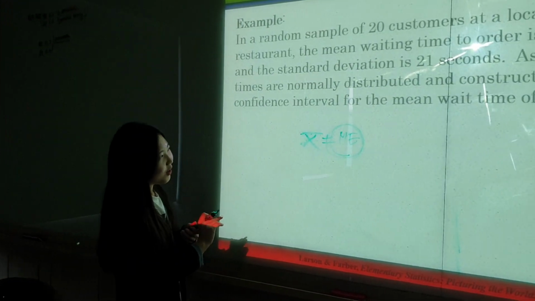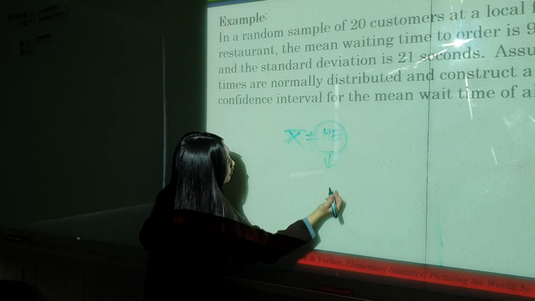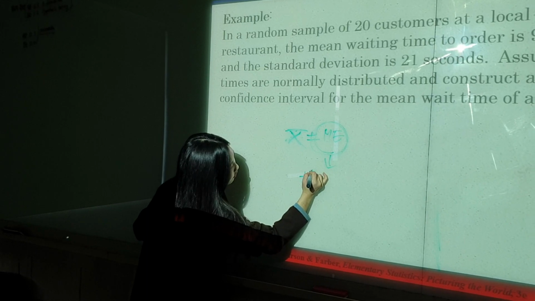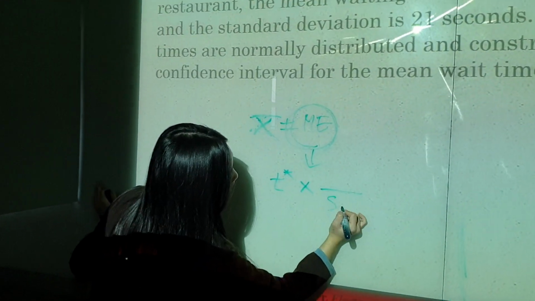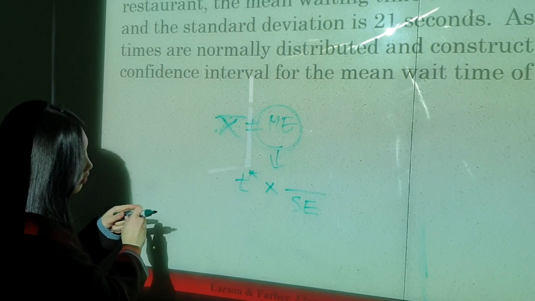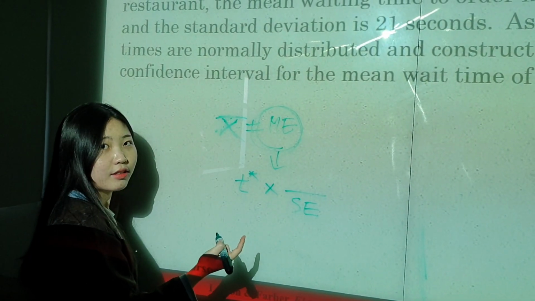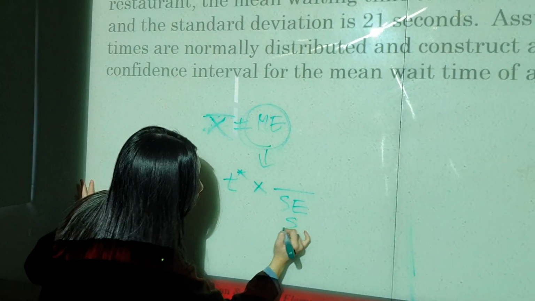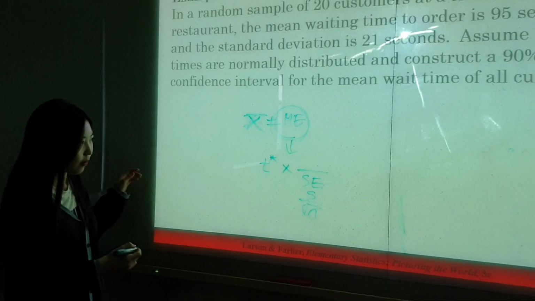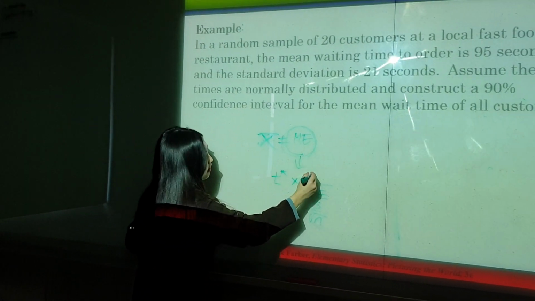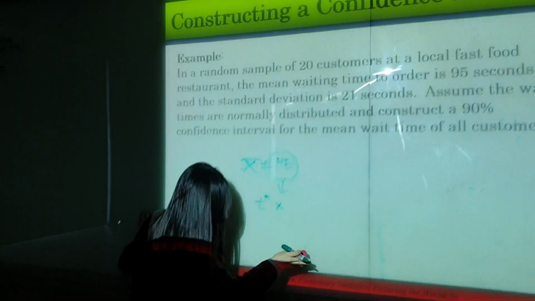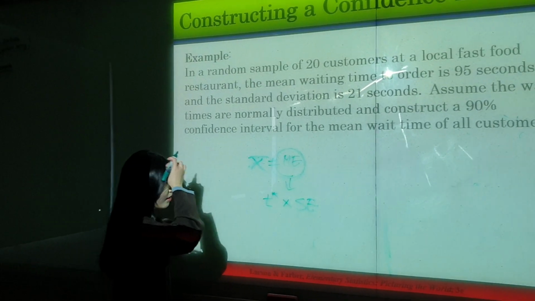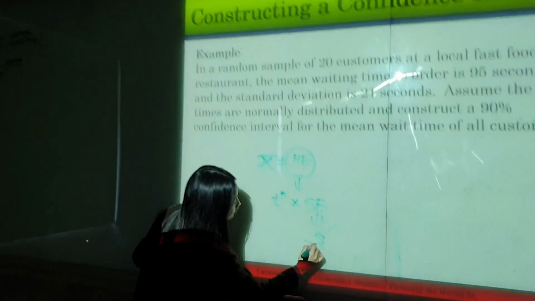The formula of the margin of error is the t critical value times the standard error, which is s over root n.